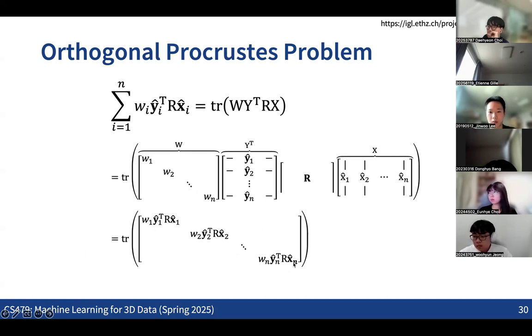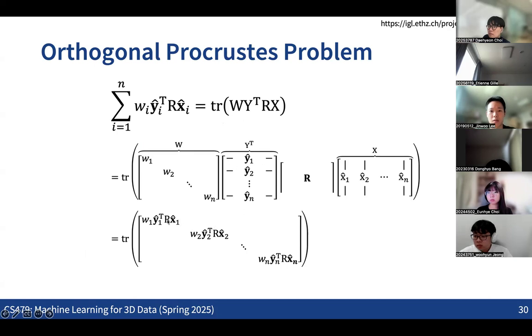Taking the sum of the diagonal is by definition the trace of the matrix. So trace is the sum of the diagonal, right? So this is nothing but rewriting everything in matrix form using the trace here.